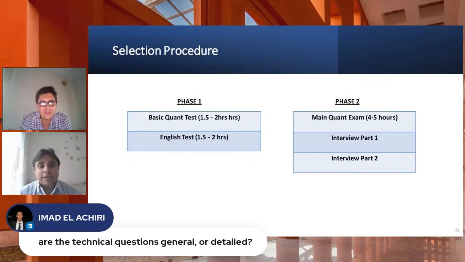And in the test, the first part is, as Professor Ahmad mentioned, more on your aptitude, your logical thinking. But the second exam is much more detailed, which really tests your perseverance to go through 4 or 5 hours, build on, and go deeper into mathematical questions. So these are the technical parts we are trying to assess.